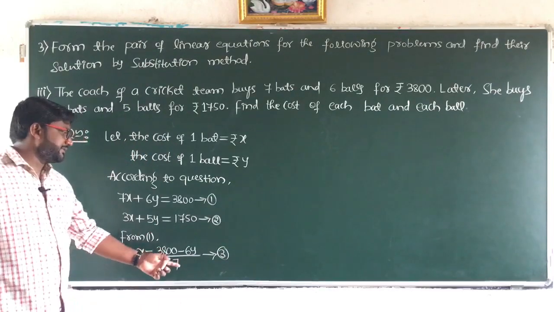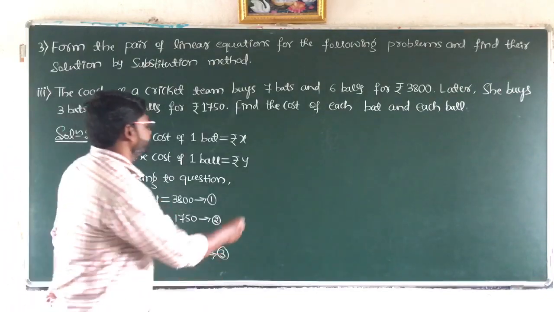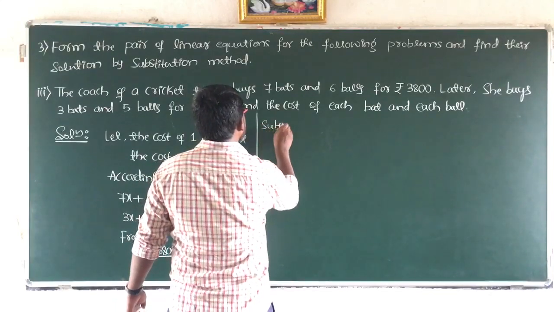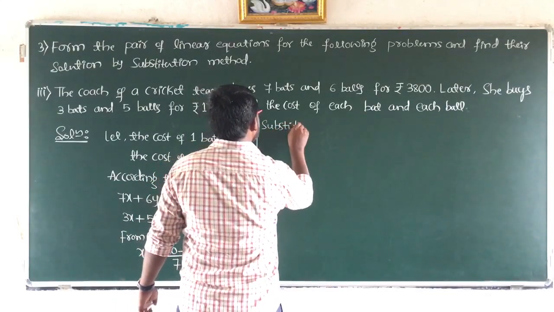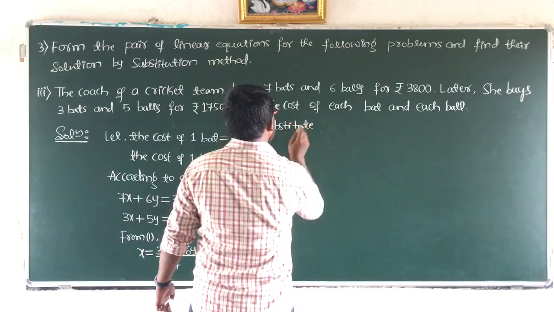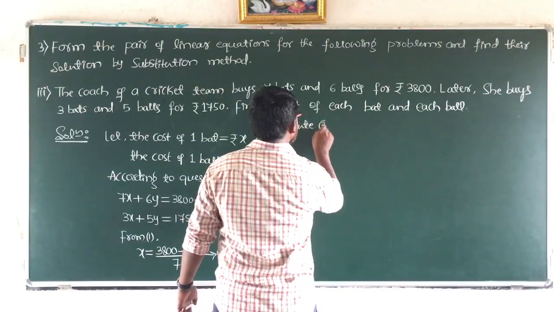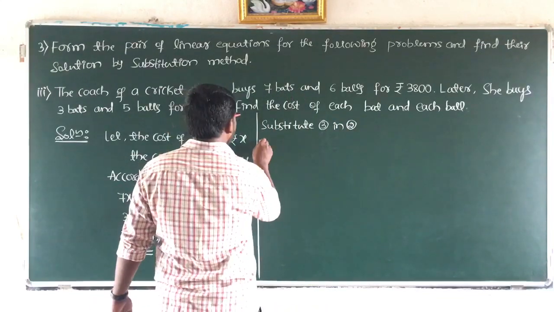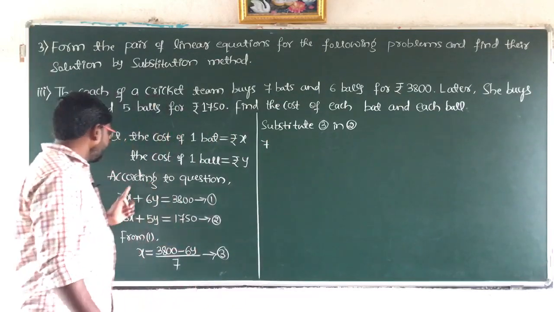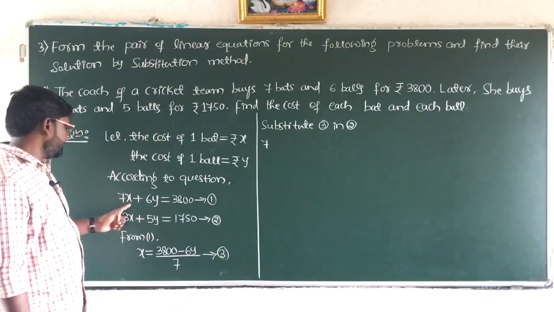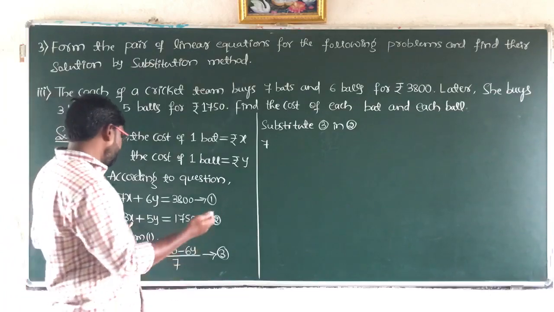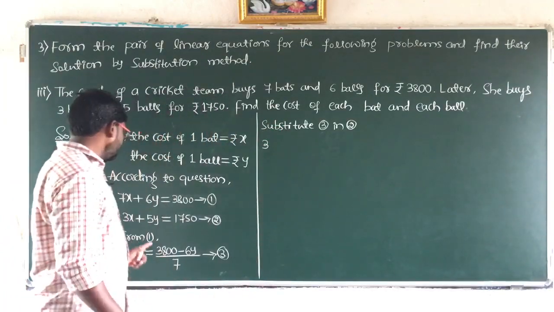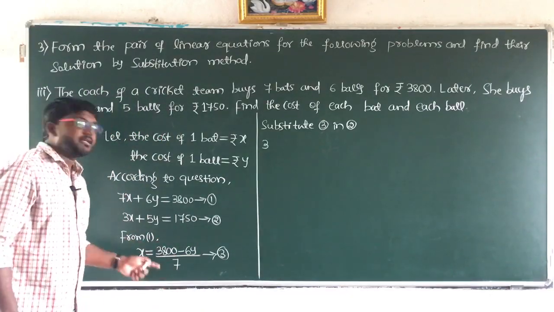Then substitute equation 3 in equation number 2. In place of x, we substitute equation 3. So see here, 3 times, in place of x, I have to write equation 3.